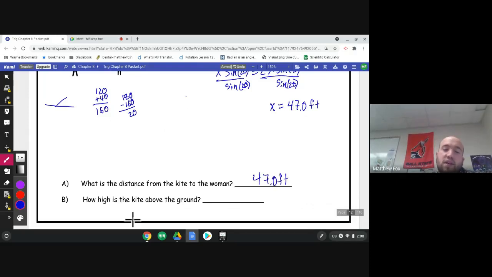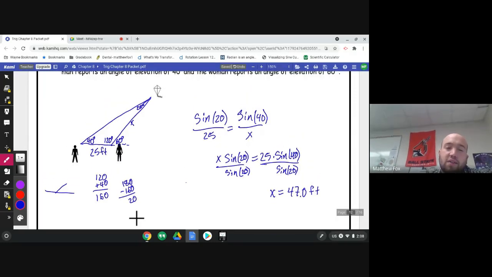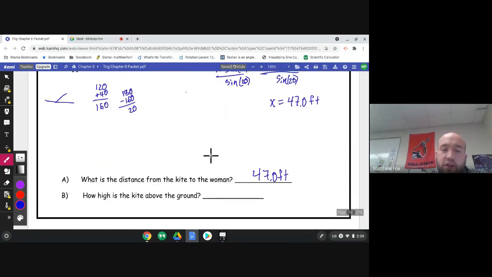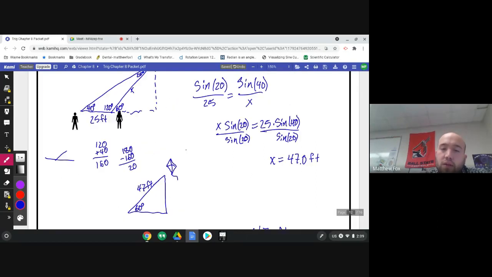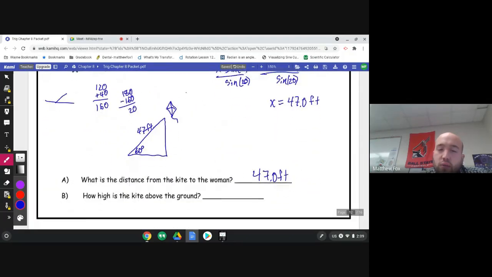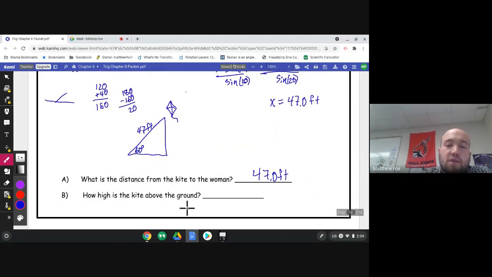Now it says, how high is the kite above the ground? So height, that's going to be right here. But we can use what we just found. I'm going to redraw this triangle now. We already know this was 60 degrees. We just found out this is 47 feet. So we're trying to get to this kite. Now, let's think. We're trying to say how high is it above the ground. So I'll put an x right here. This is our right angle.